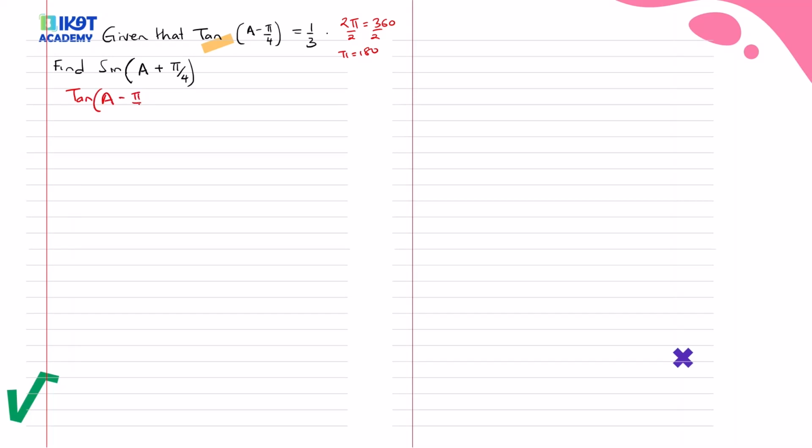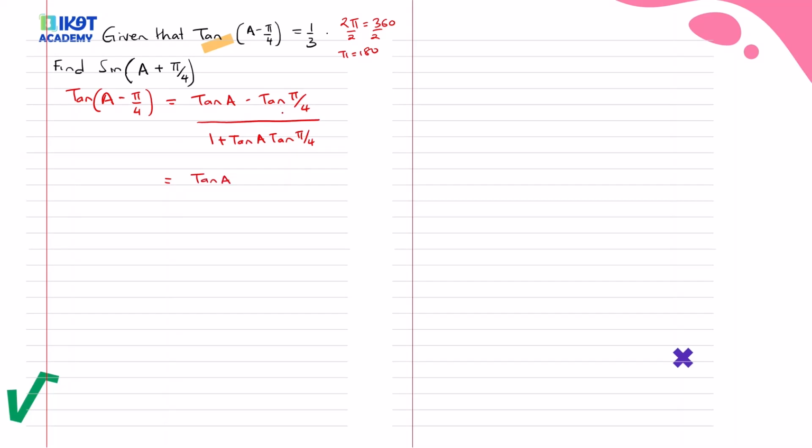So this is what you're given. Let's first work with this. Let's expand this. So this will be tan a minus tan pi out of 4, out of 1 plus tan a tan pi out of 4. Now put this into the calculator.